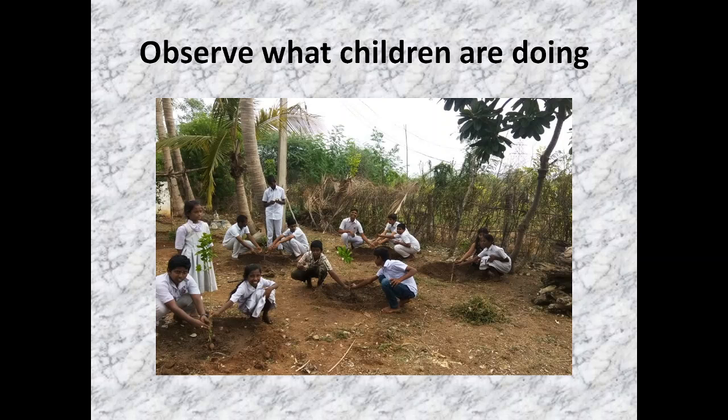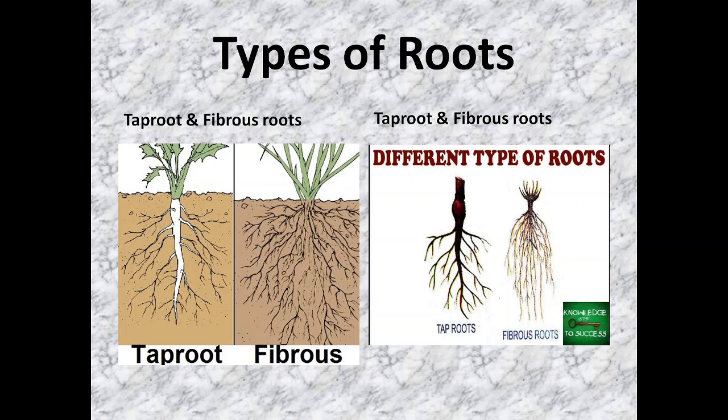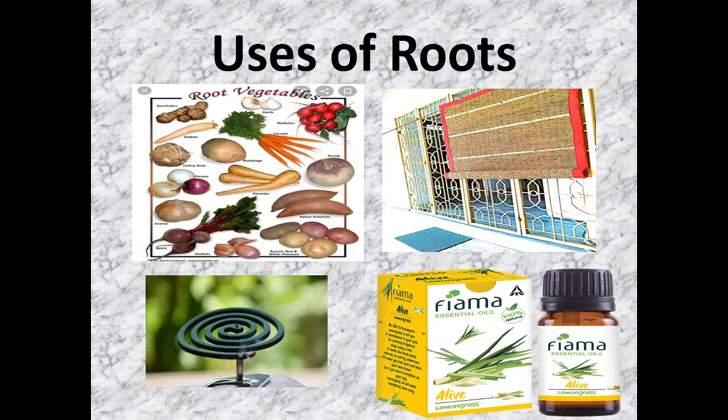And then I will introduce these two types of roots with some pictures, taproot and fibrous roots, and they will observe the taproot and fibrous roots in the pictures that were shown earlier and in this picture also. And then I will talk about the uses of roots, and I will interact with the children and elicit the names of some vegetables, and I will tell them that these vegetables are all roots.